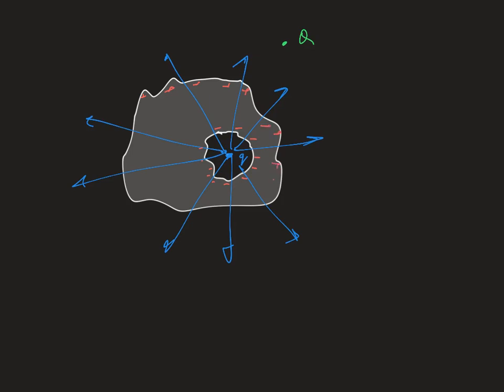As you can see, the same thing happens, and there will be an induced field in the opposite direction, and that induced field is going to cancel out. This is your induced field, obviously, and this is your original field, and that induced field is going to cancel out the original field in the surface of the conductor.